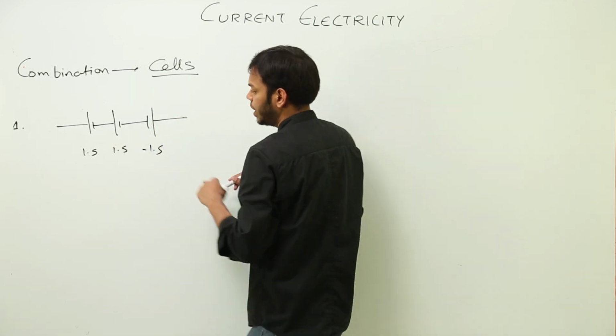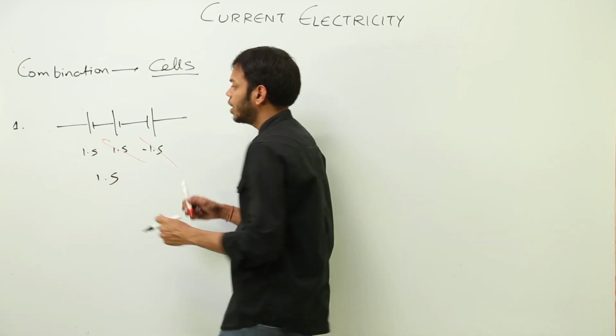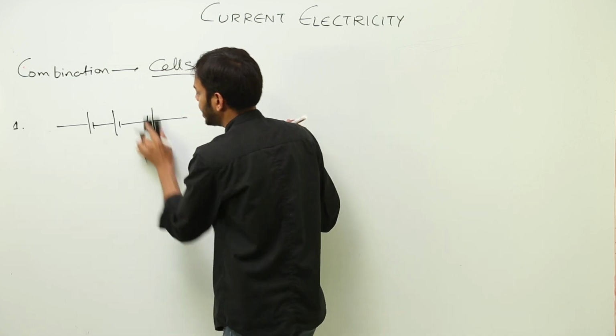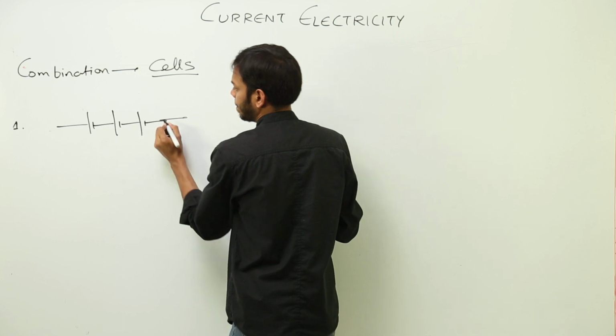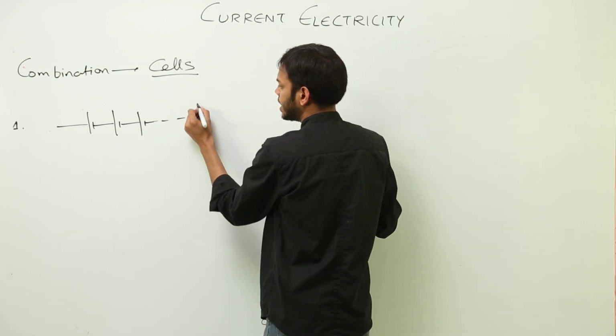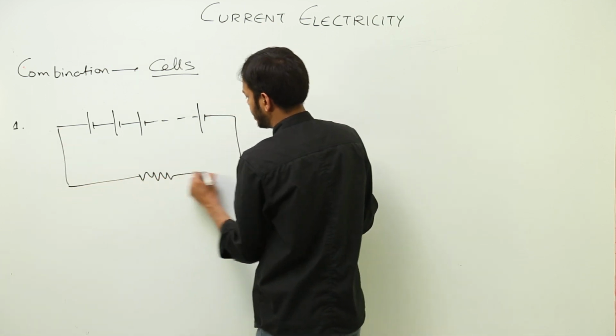So the effective would be only 1.5. Getting my point? So when cells are connected in series, it is made sure that the cells are in the same order. Now suppose there are n cells which are connected in series across an external resistance of R.